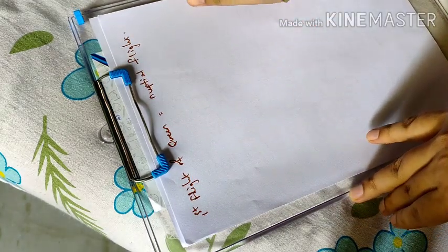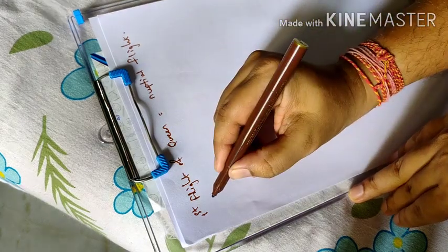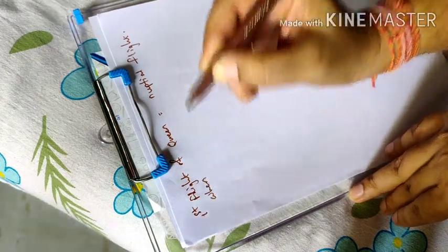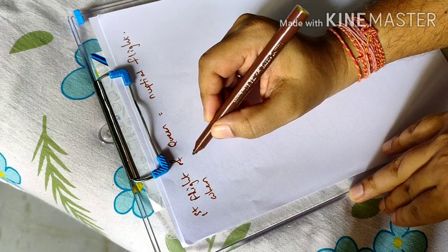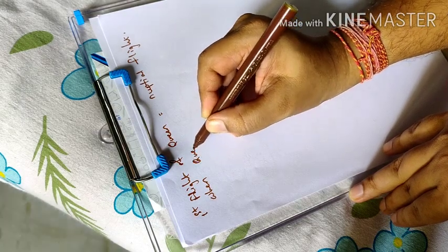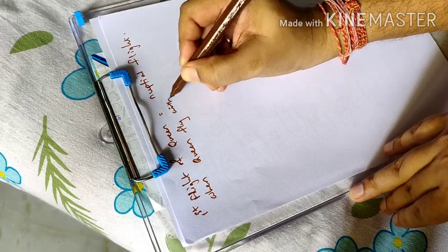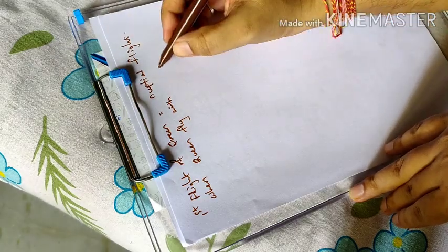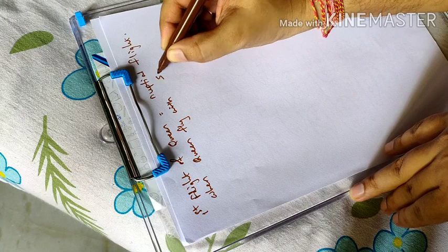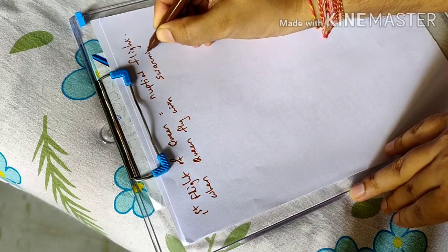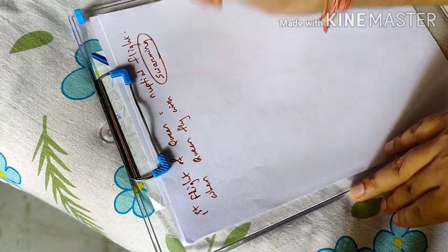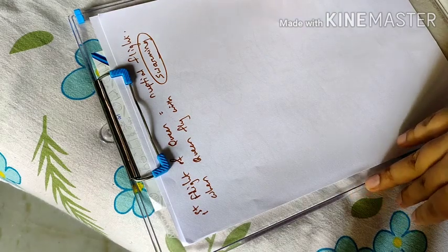When queen flies with some workers, then it is called swarming. Okay.